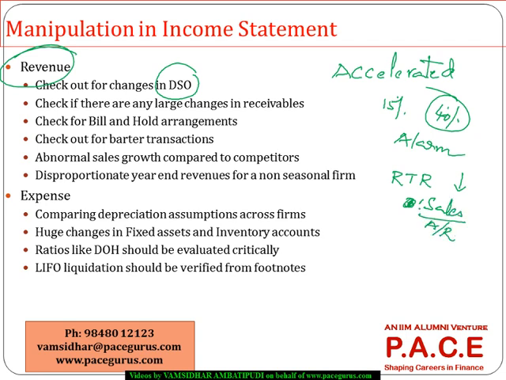So if the receivables has gone up drastically, the receivable turnover will go down and the days sales outstanding will actually go up. If you see that this days of sales outstanding is going up very drastically, you can very well sense that there could be some kind of a manipulation.